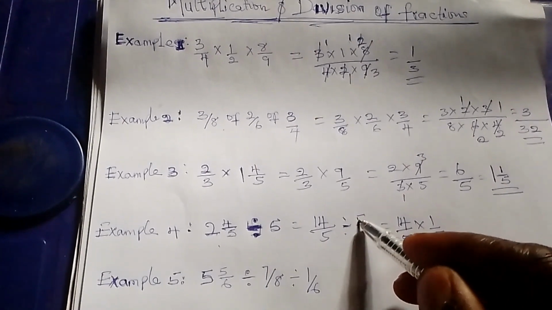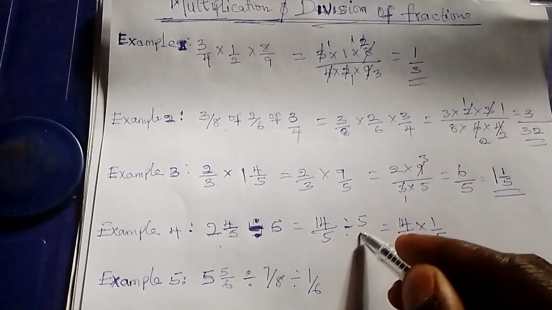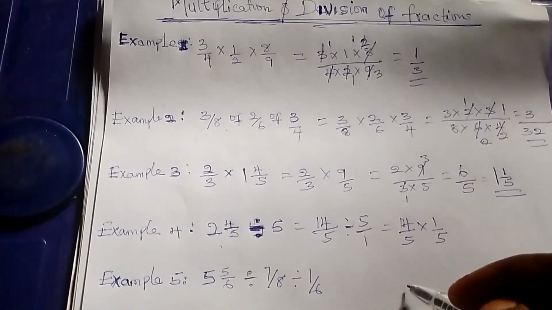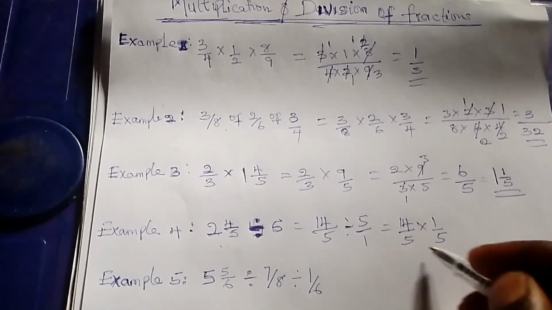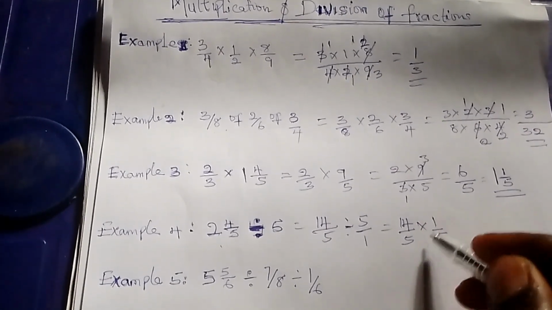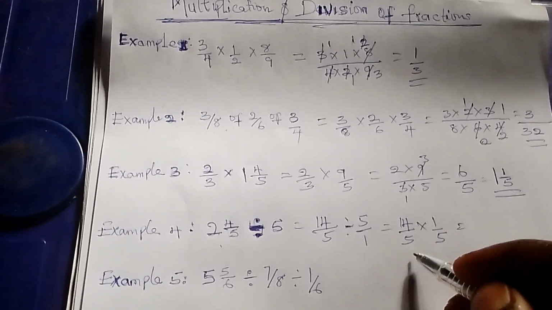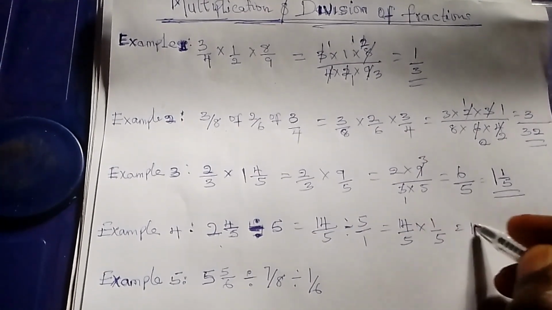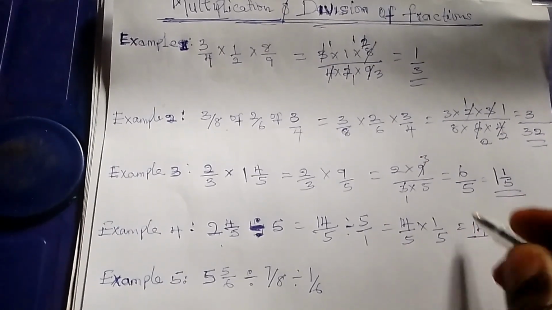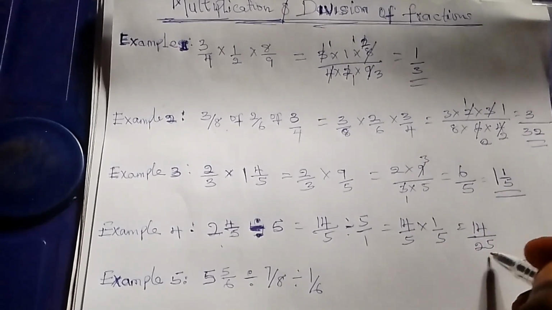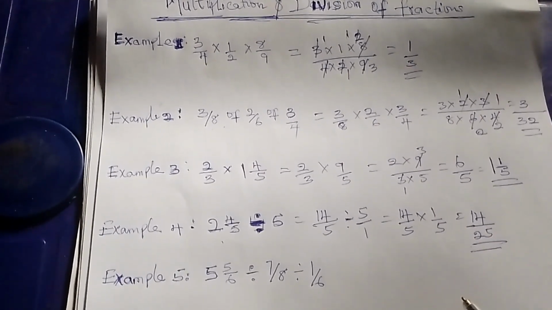The reciprocal of 5: remember that 5 is the same thing as 5 all over 1, then the reciprocal of it becomes 1 all over 5. Checking for cancellation here, no common cancellation. So you proceed by multiplying the numerators, 14 times 1 gives us 14, then the denominators, 5 times 5 gives us 25. So our solution becomes 14 all over 25.